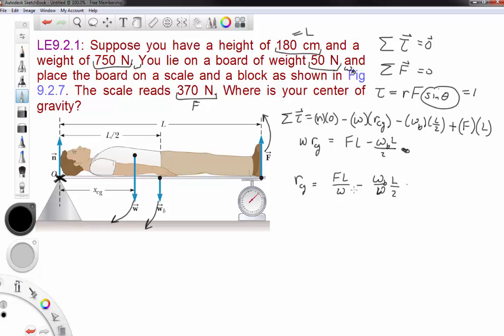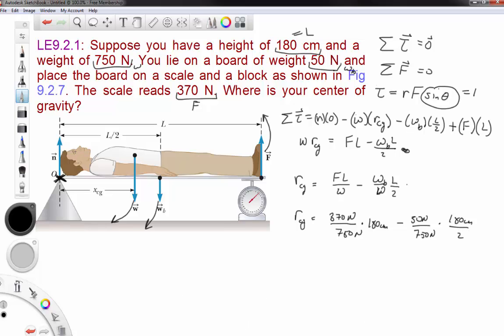I kind of put those two backwards. So that is going to mean that the center of gravity distance is 370 newtons over 750 newtons times 180 centimeters, minus 50 newtons over 750 newtons times 180 centimeters over 2.